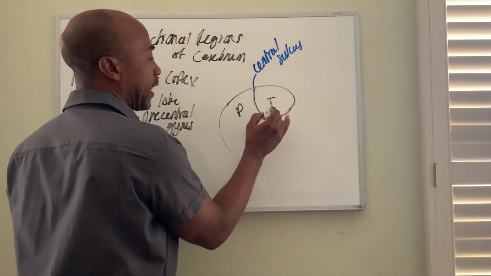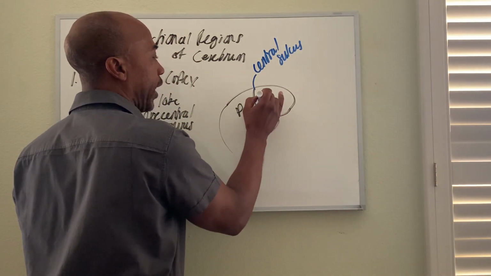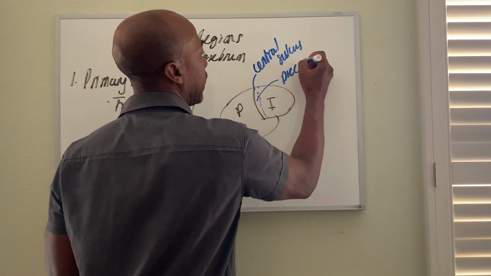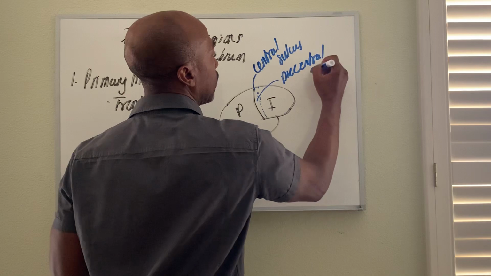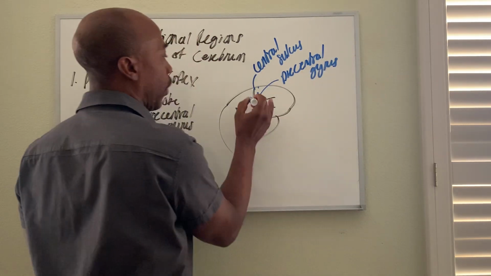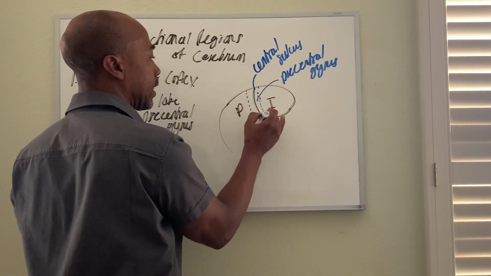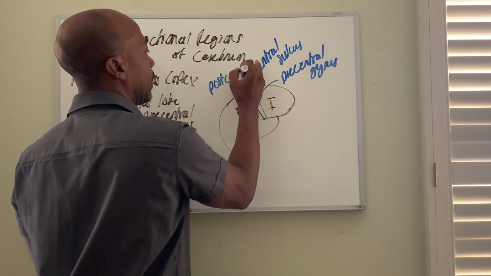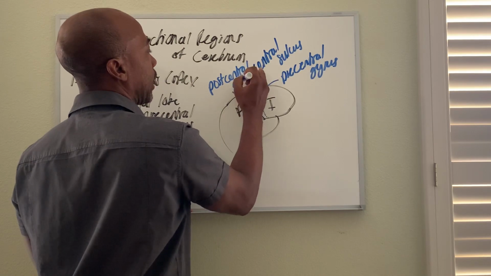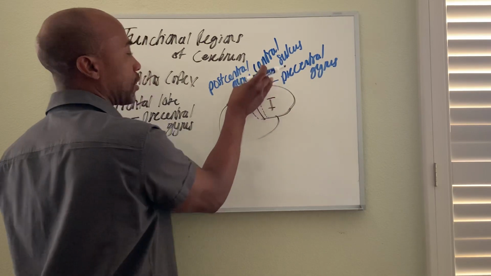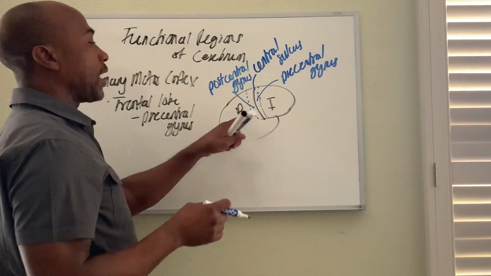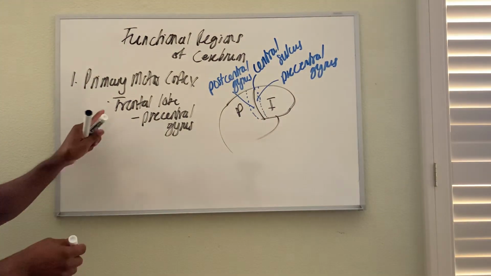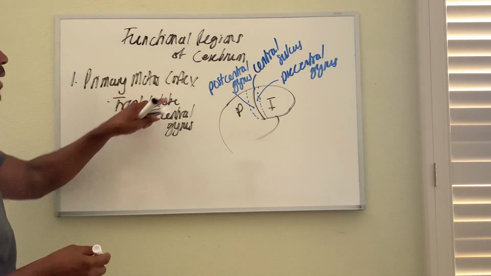There's a raised area in front of it called your precentral gyrus, and the raised area behind it is called the post-central gyrus. So the primary motor cortex is in here.